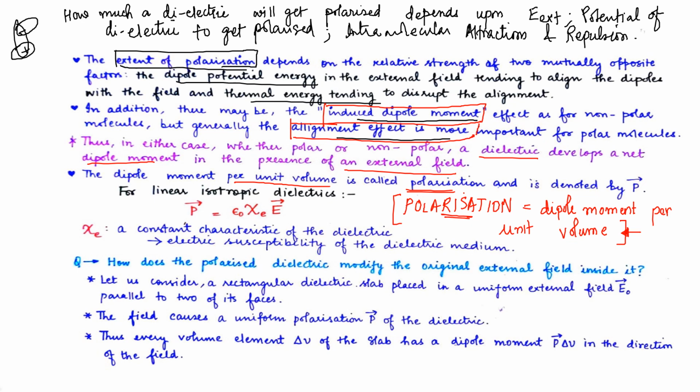It does not contain big statements, big sentences and formulas. Just a simple line: dipole moment per unit volume is the polarization of a dielectric. It is denoted by P with a head arrow. So polarization is a vector quantity.